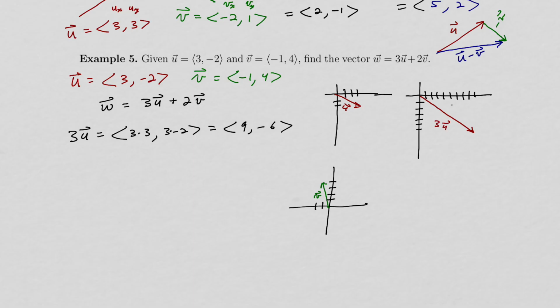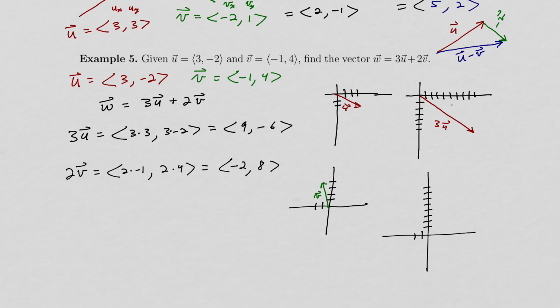Okay, what about 2v? So I need to figure out 2v. So 2v is take each component of v and multiply by 2. So 2 times negative 1, and then 2 times 4. And that's going to give me negative 2 and then 8, I guess. And if I were to draw that, it's going to be the same as v, but twice as long, right?